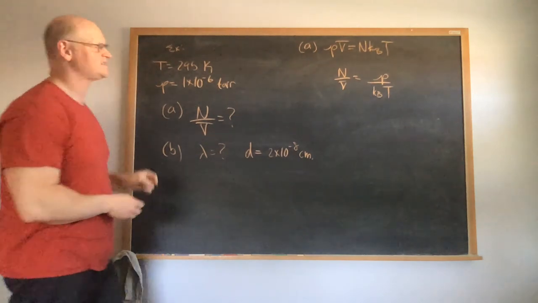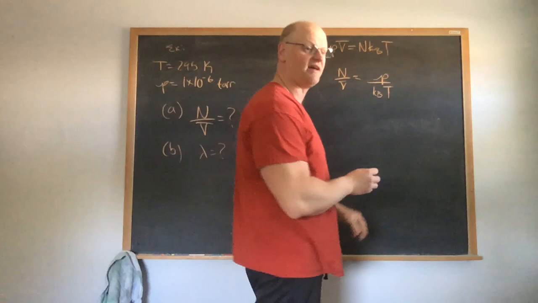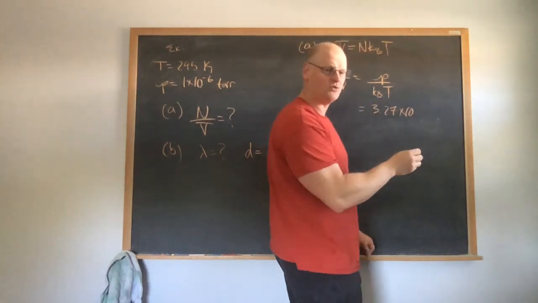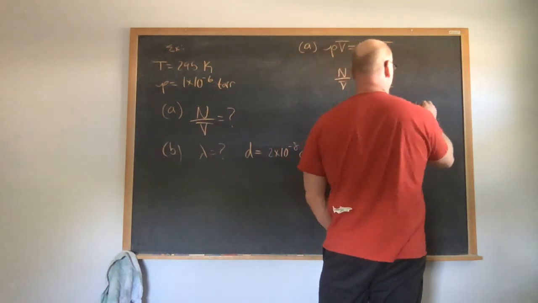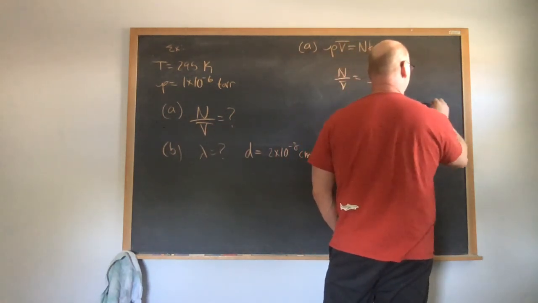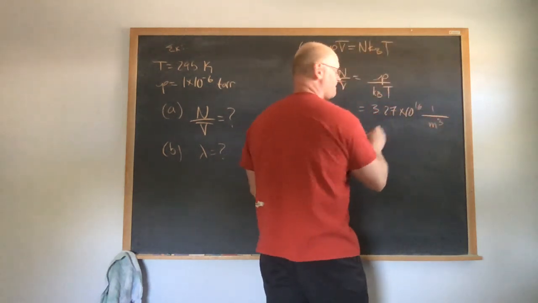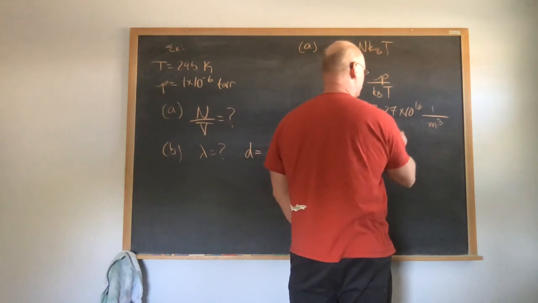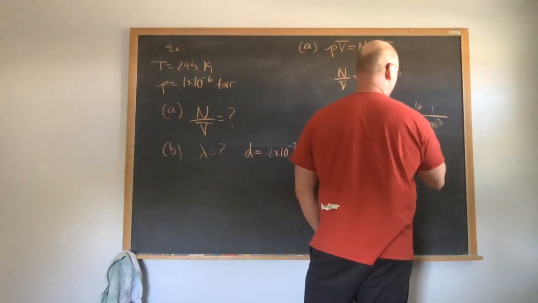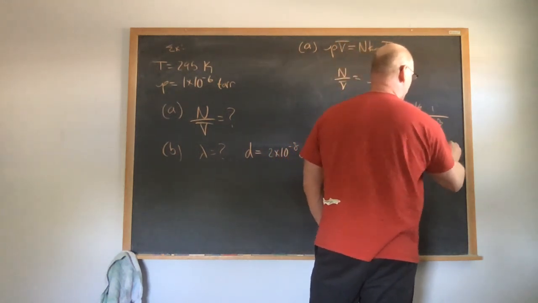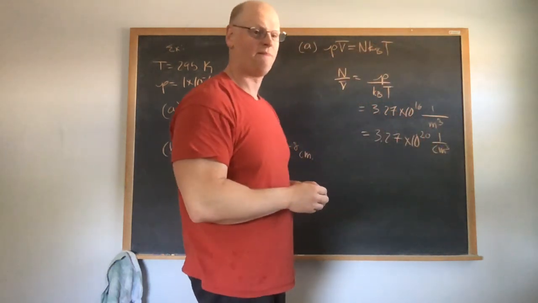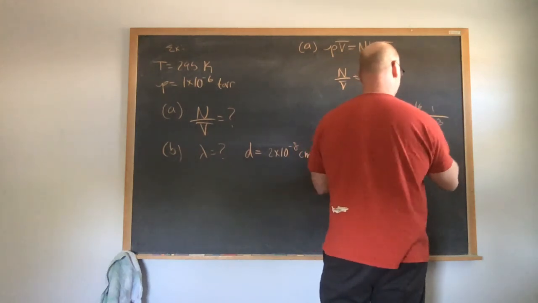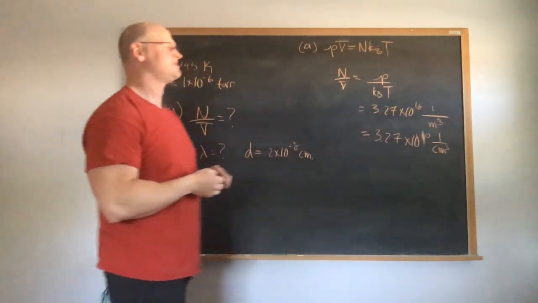If I plug this in, it works out to be about 3.27 times 10 to the 16th molecules per meter cubed, which if I convert into centimeters is the same as 3.27 times 10 to the 10th per centimeter cubed, because there's a 10 to the 6th difference.